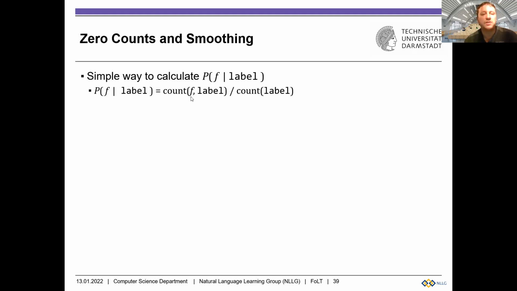If the feature is the word run, we would ask how often do sports documents contain the word run. Let's say this is 1,000 times, and there are 10,000 sports documents, so 1,000 divided by 10,000 is 10%, the probability that we have the word run in a sports document.